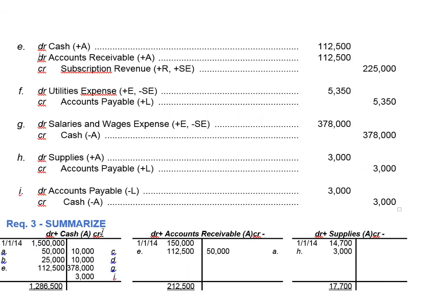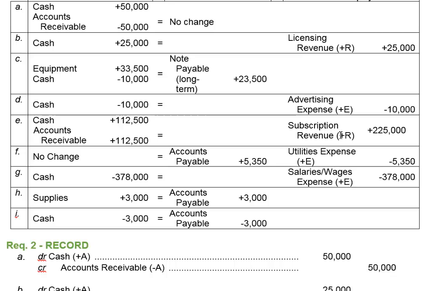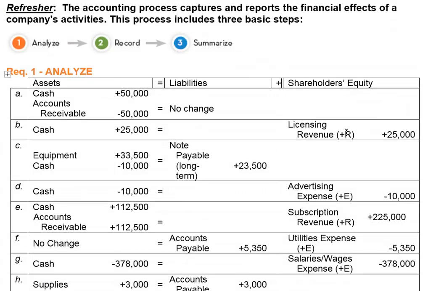If we now go down to the next set of transactions, what do we see? We see here that for our next transaction, we received some cash when we sold $225,000 in subscription revenue. So we said earlier that our revenue was going up. That was back here. Revenue went up, and when revenue goes up, our shareholders' equity goes up.